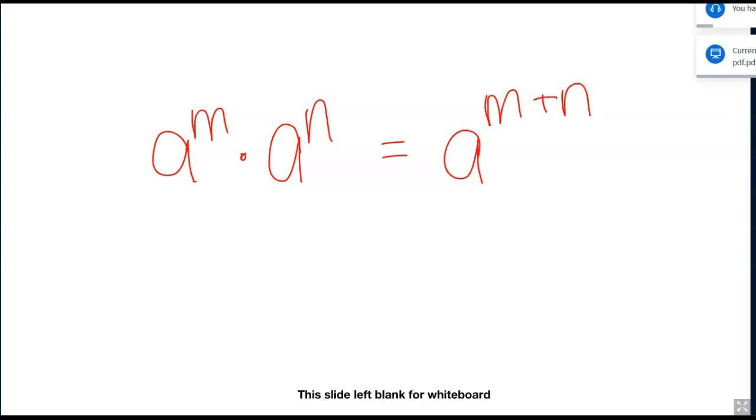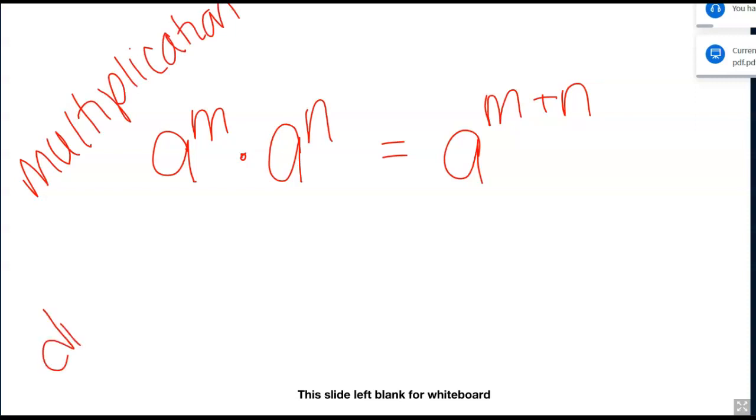It says, when we multiply, we add. So this is the rule for multiplication.